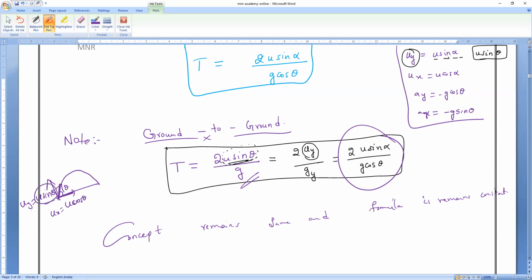So in place of u sin theta, I am writing the velocity in the y direction. Now if it is an inclined surface, what is the velocity in the y direction? u sin, divided by, and g is always acting in what direction?